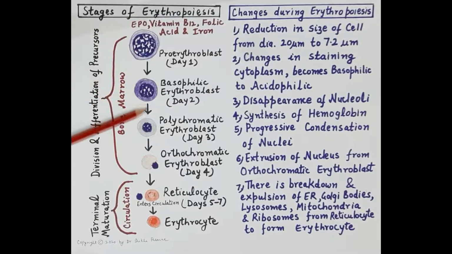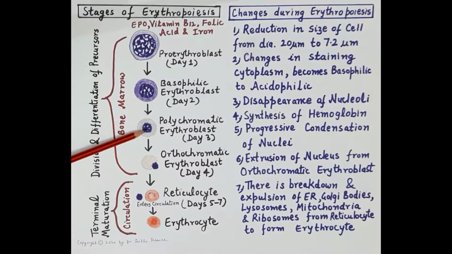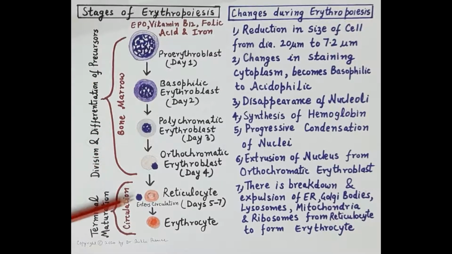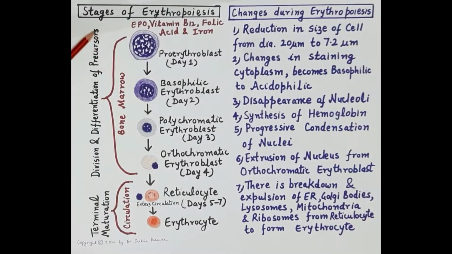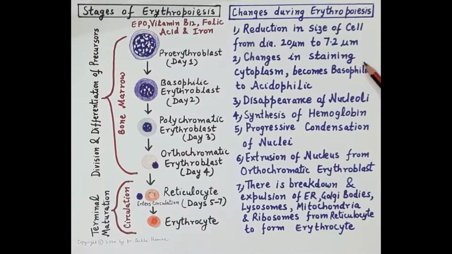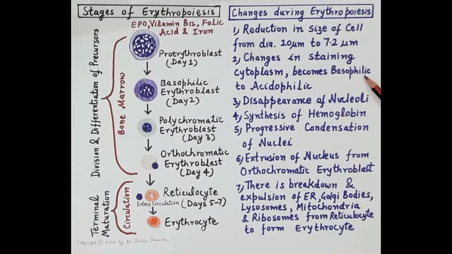There is progressive reduction in the size of the nucleus, condensation of the nucleus, and finally extrusion of the nucleus. Second, there is a change in the staining of cytoplasm from basophilic to acidophilic, as we have discussed. The proerythroblast has a basophilic cytoplasm, and the basophilic erythroblast again has basophilic cytoplasm.